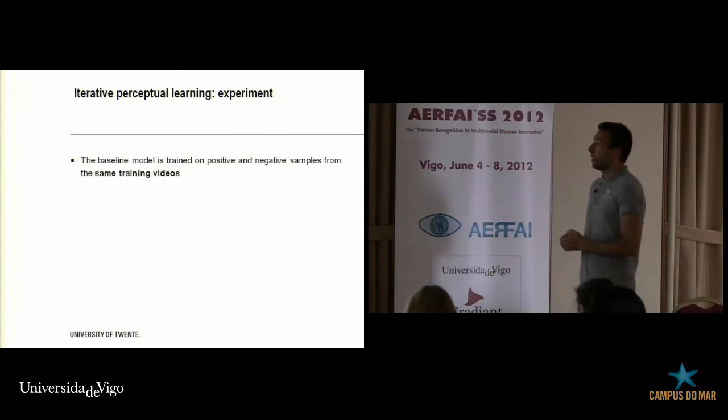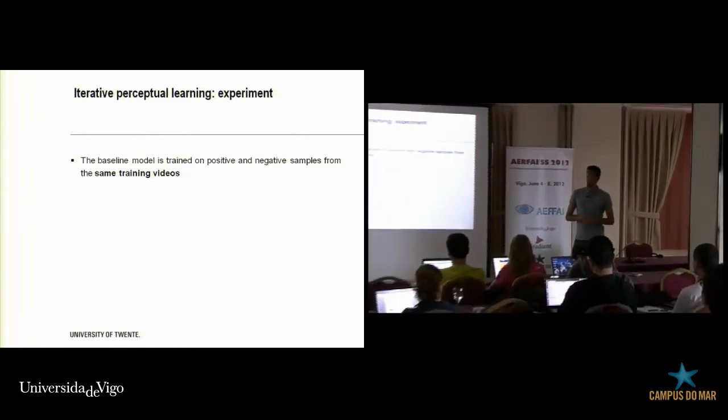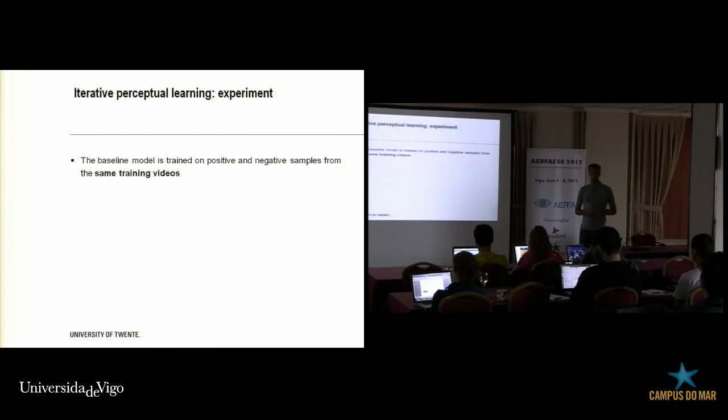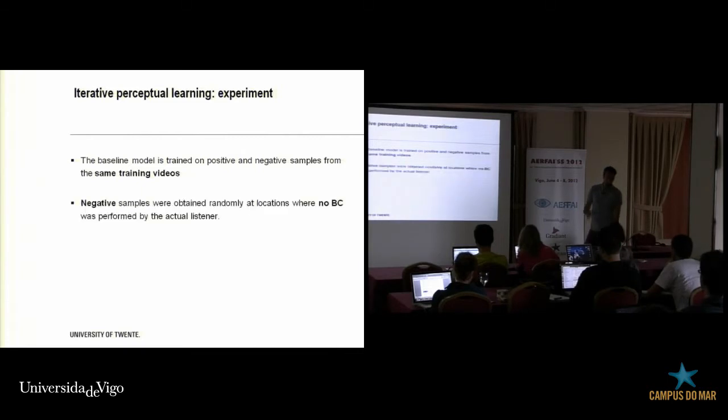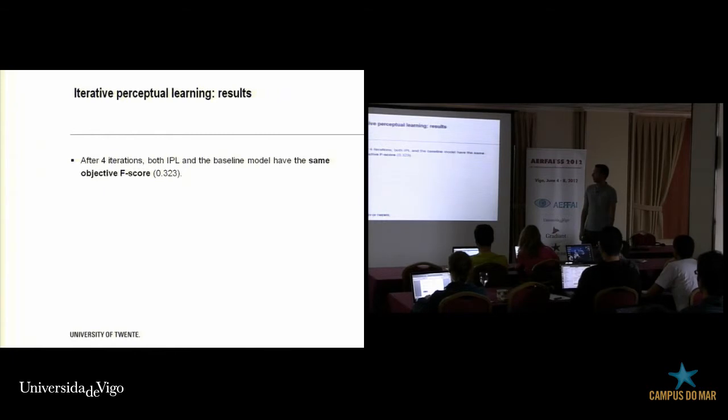Okay, as before, the baseline model is trained with positive and negative samples from the same training videos. So EPL and the baseline model used exactly the same amount and type of data, so we could compare them directly. And then again, negative samples were just sampled at the non-positive points. And 5 subjects looked at each of the videos.